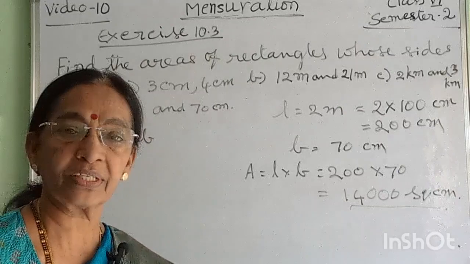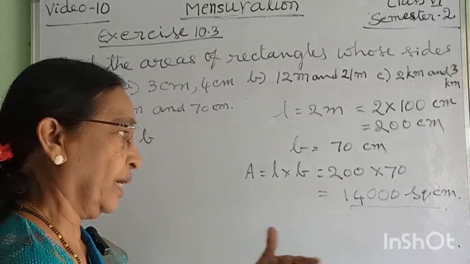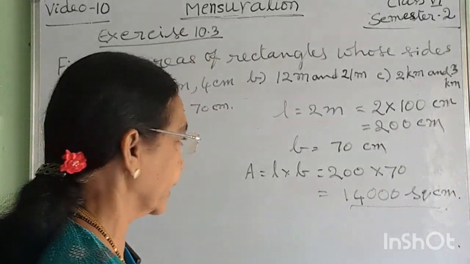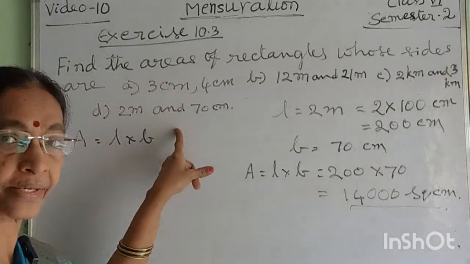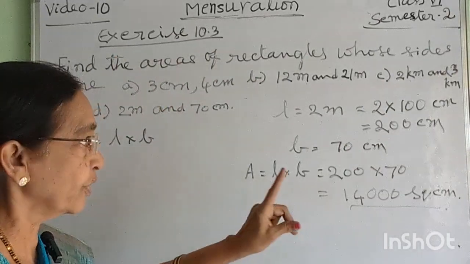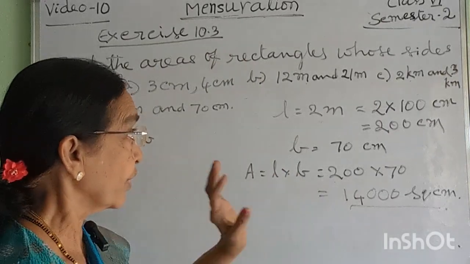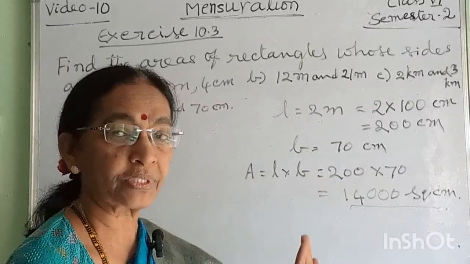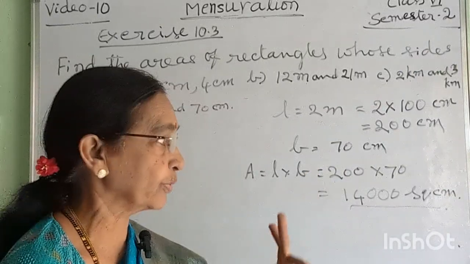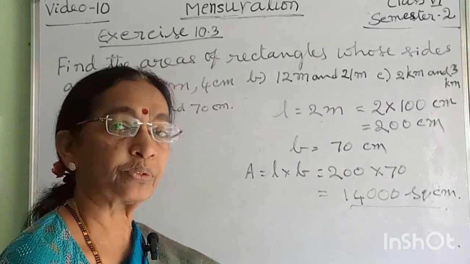These can be converted into square meters, but that we will learn later. So the areas of the given rectangles are found like this. We have to verify whether both the length and breadth are in the same units or not. If not, we have to convert them into the same units.